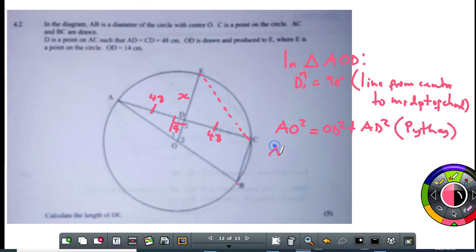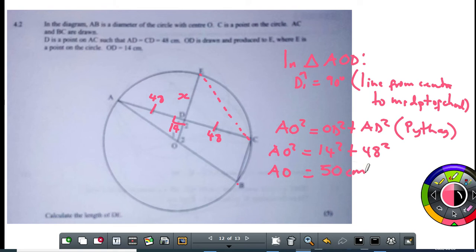So AO squared will be equal to OD, which is 14, squared plus AD, that's 48, squared. Can someone simplify and tell me what is the length of AO? 50. So that will be 50 centimeters.